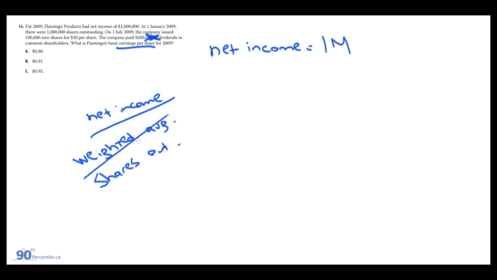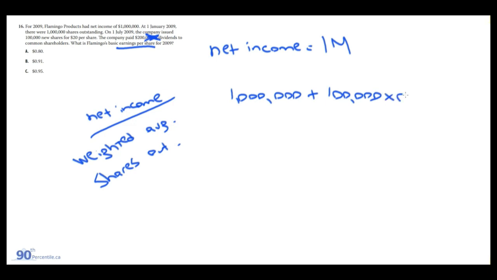So the key here being weighted average, right? We had 1 million shares at the beginning of the year. And then we added 100,000, but this is only for half the year.